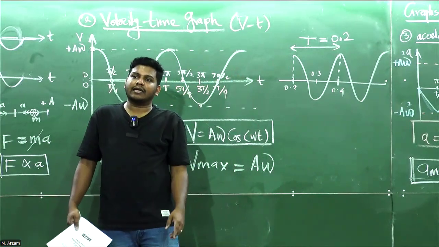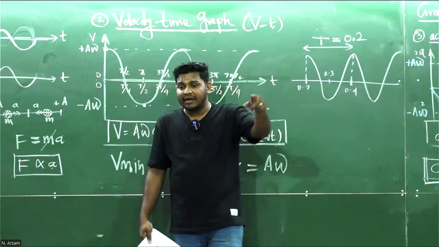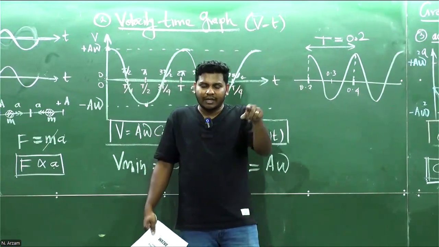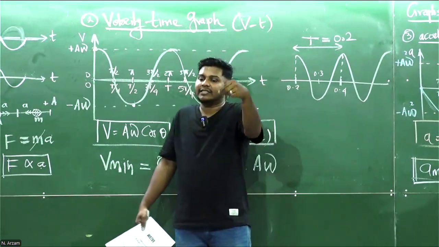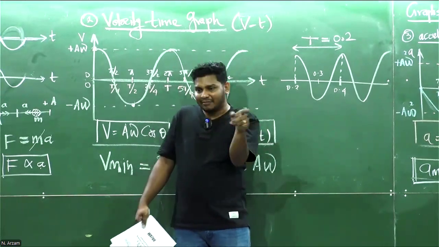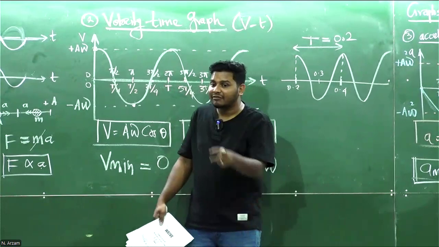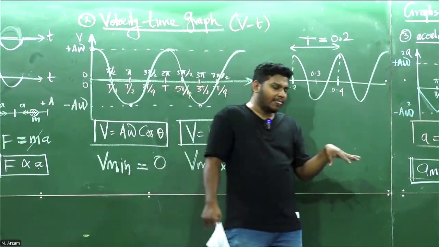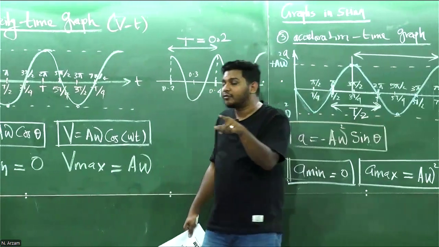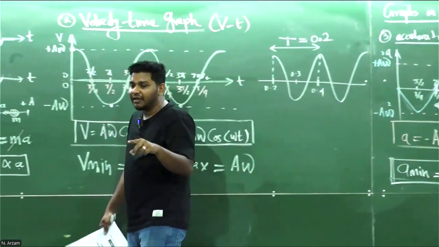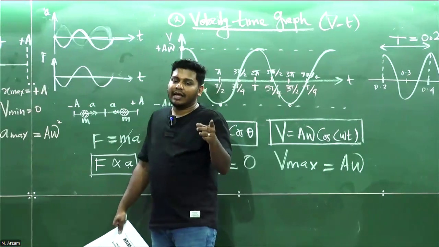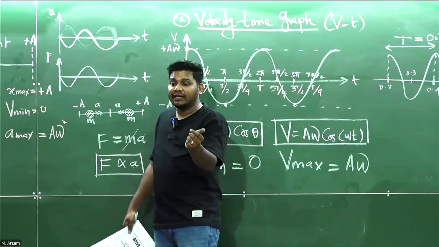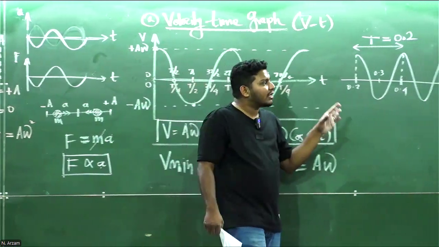The velocity time graph looks like a cos graph, and the acceleration time graph looks like a minus sine graph, since a is minus a omega squared sin omega t. And also we studied a is equal to minus omega squared x, which looks like a y is equal to minus mx graph. Those are the graphs we studied.